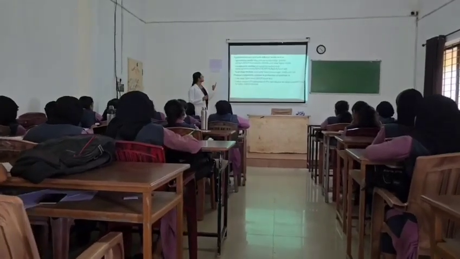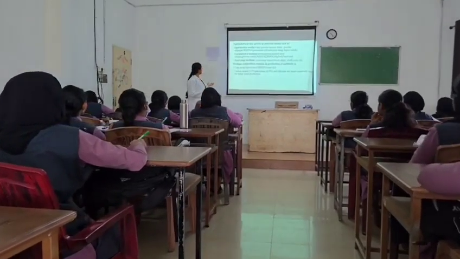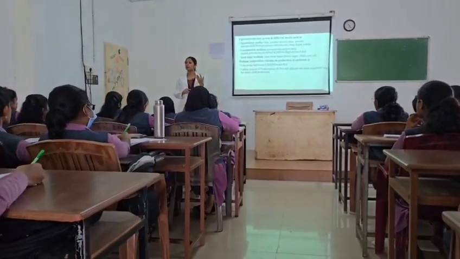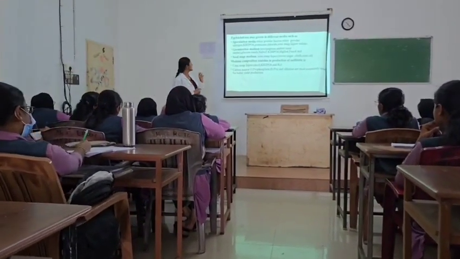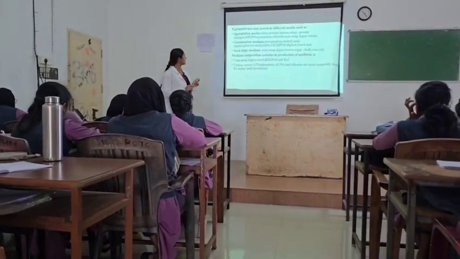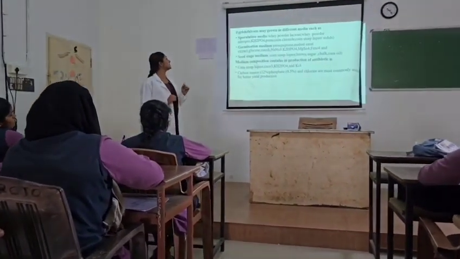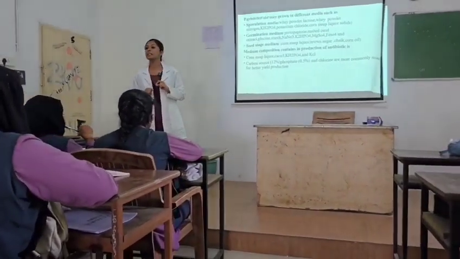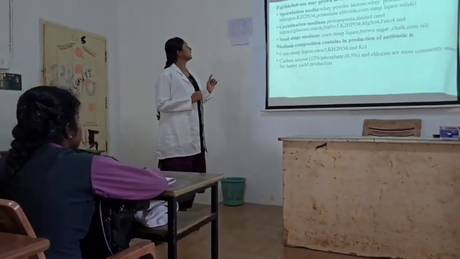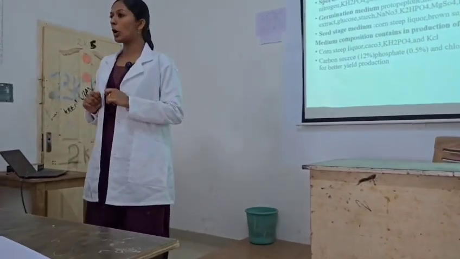In sporulation medium, we can use ingredients such as whey powder lactose, whey powder nitrogen, potassium hydrogen phosphate, potassium chloride, corn steep, etc. In germination medium, we can use proteose peptone, malt extract, glucose, starch, sodium nitrate, potassium dihydrogen phosphate, magnesium sulfate and ferrous sulfate. In seed stage medium, we can use corn steep liquor, brown sugar, chalk and corn oil.